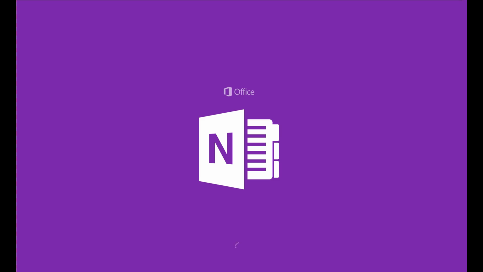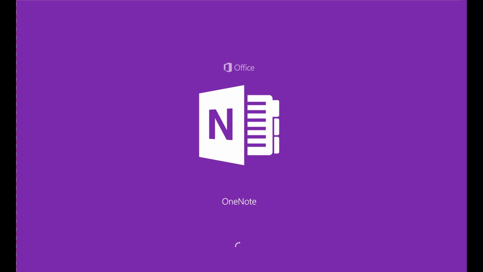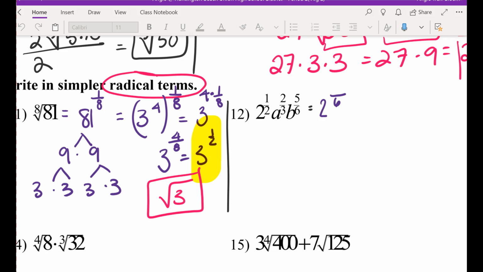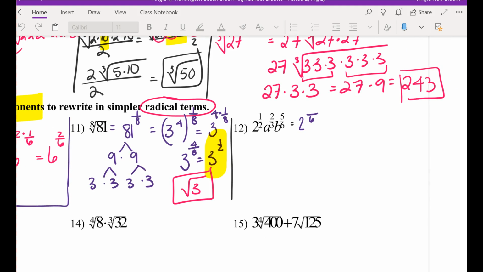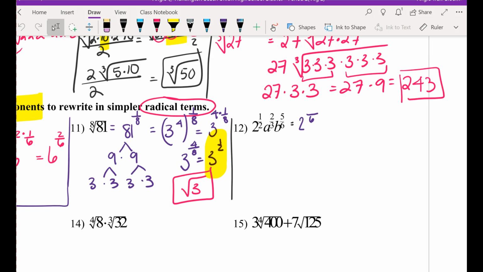Oh, there it is. It's just taking its sweet time. Maybe I shouldn't move around too much today. It's still loading because it looks like my A's are gone and my B's are gone. Don't you love technology? I know.